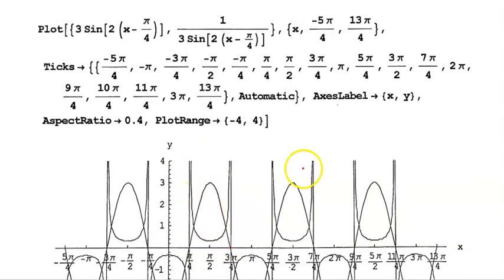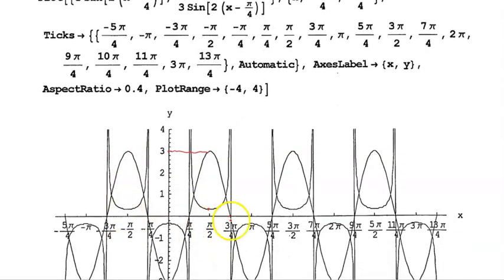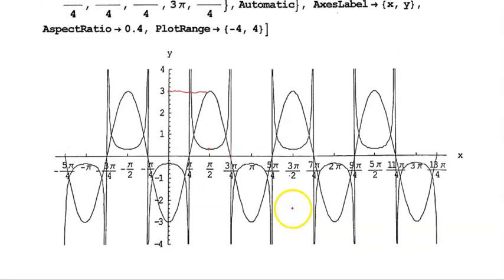So just be careful with that when you take the reciprocal, because you've got that factor of 3 there, 3 sine. When we take the reciprocal, we get a third of that, down here. That's the only difference. In other words, this transformed graph is not sitting on the top here, it's dropped down a bit. Just be aware of that.